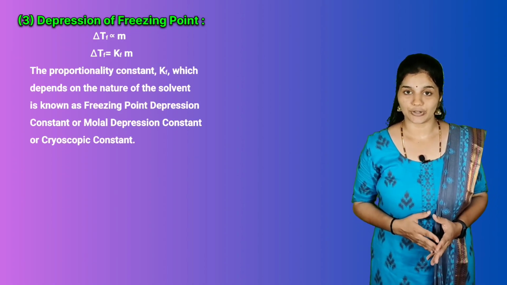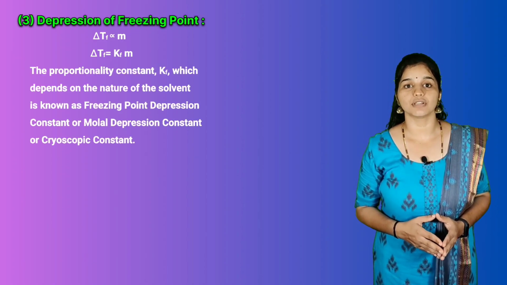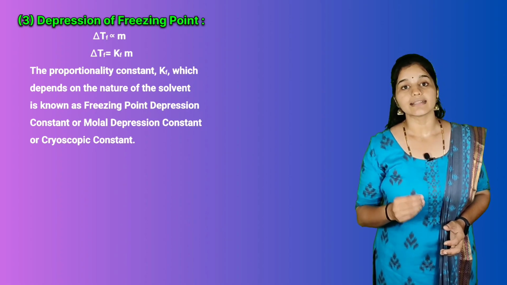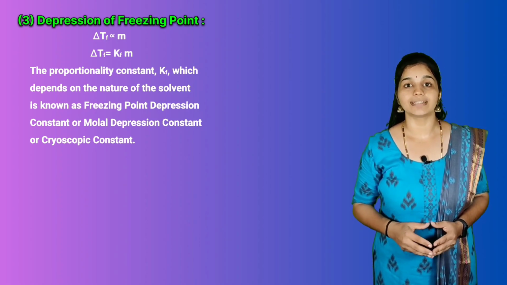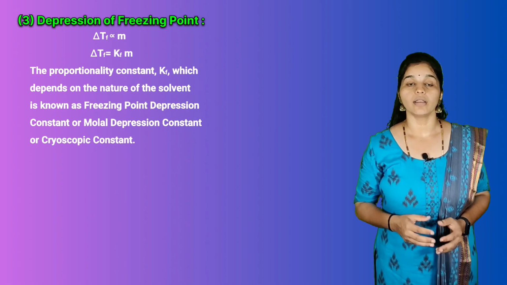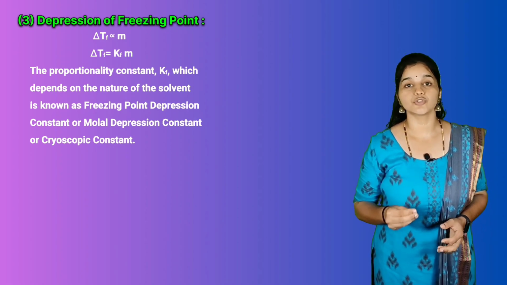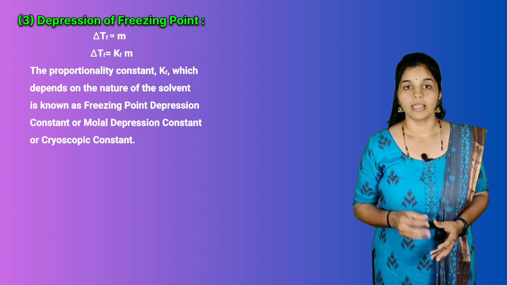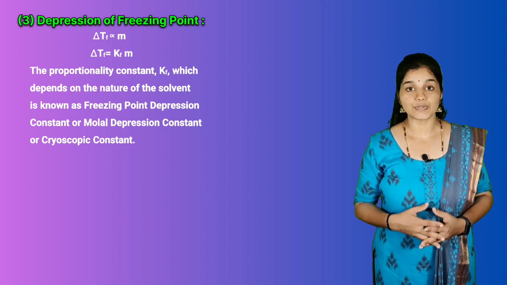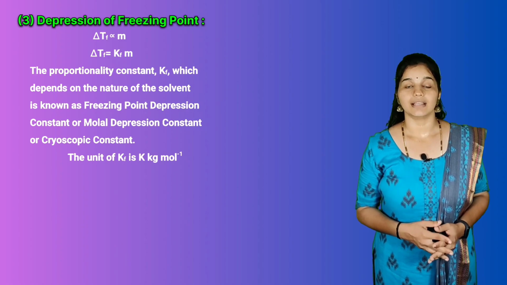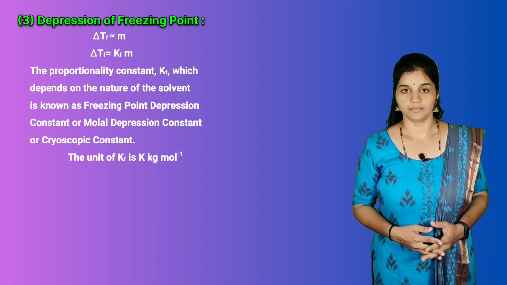The proportionality constant Kf, which depends on the nature of the solvent, is known as the freezing point depression constant or molal depression constant, or it is also called the cryoscopic constant. The SI unit of cryoscopic constant is Kelvin kg per mole.